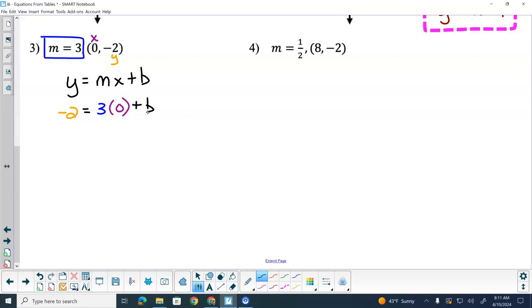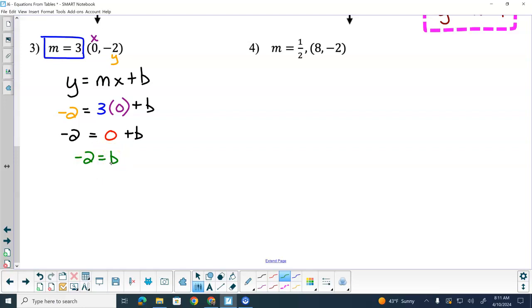And then 3 times 0 is 0. So then we get -2 equals 0 plus b. 0 plus b is just b, so we get negative 2 is equal to b. Okay?